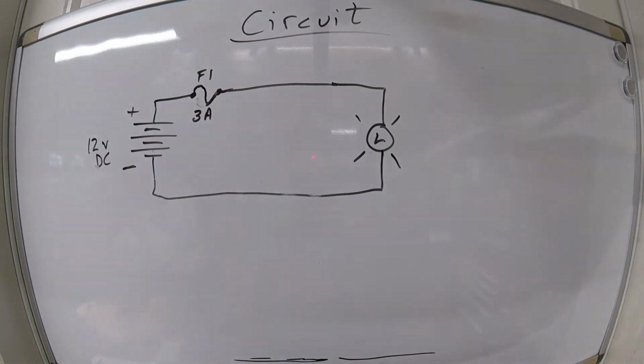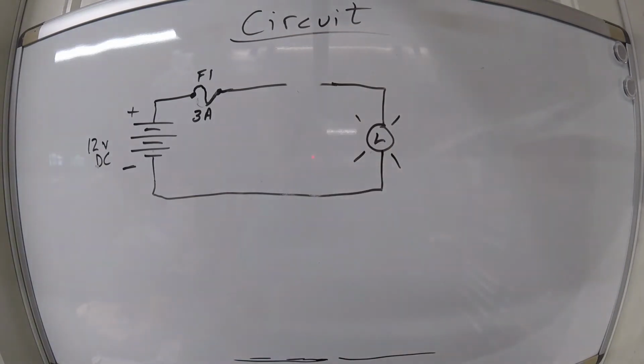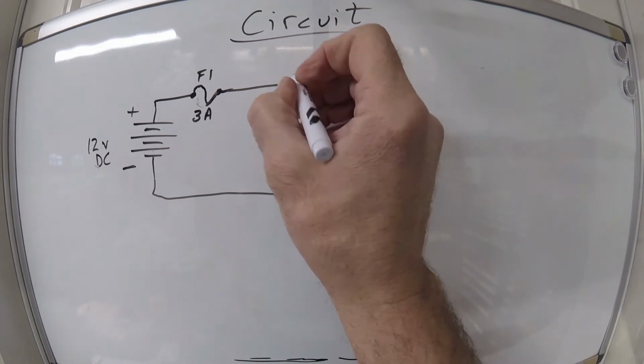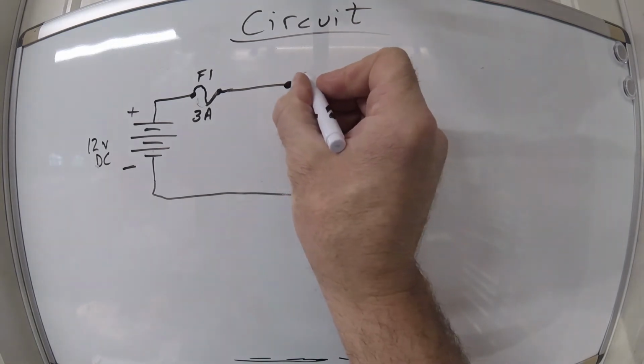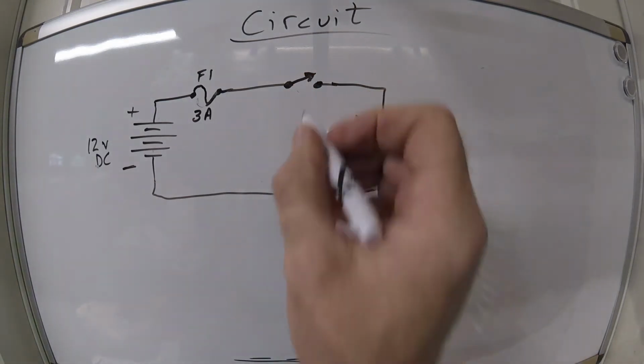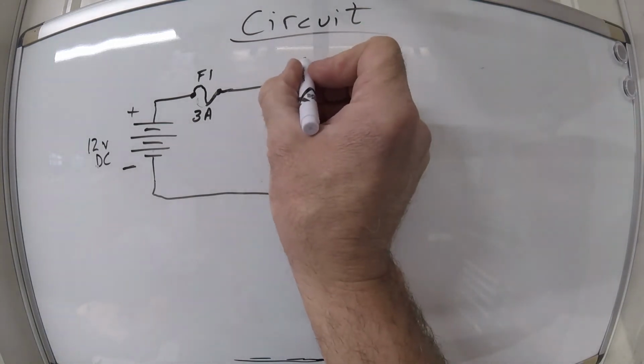But let's put our fuse element back in here. All right, and then the next thing we need is a way to turn the light on and off. Usually we'll do that with a switch. And a switch is often drawn like that. Okay, that's supposed to be a little arrow, and that shows the switch open or in the off position. Let's go ahead and label that.